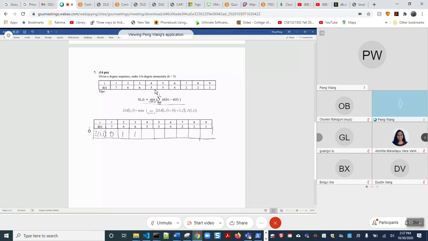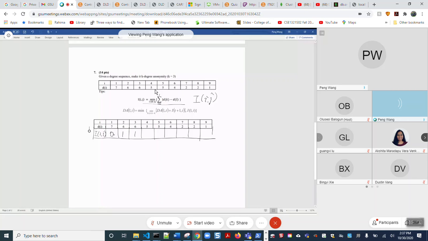That means the formula Iij calculates the minimum cost to make the ith to jth items the same group.